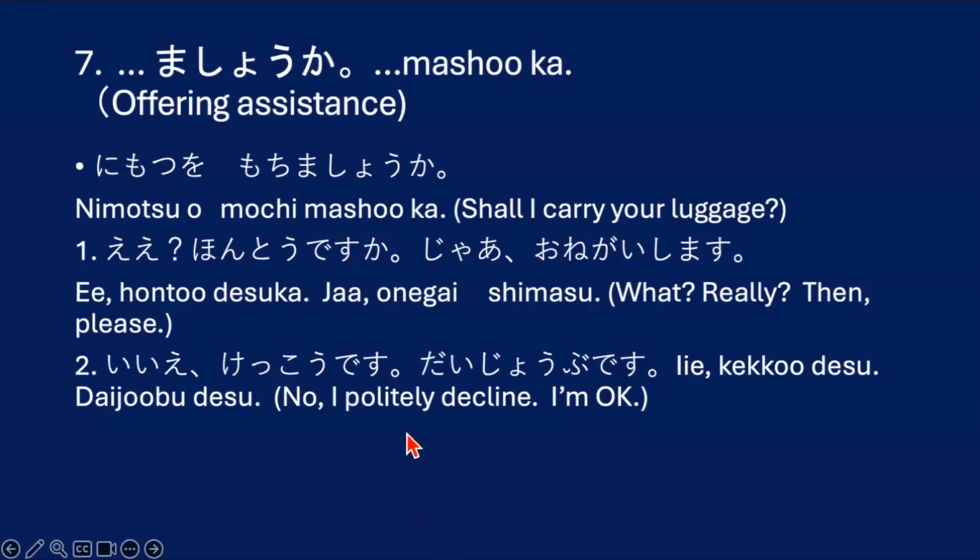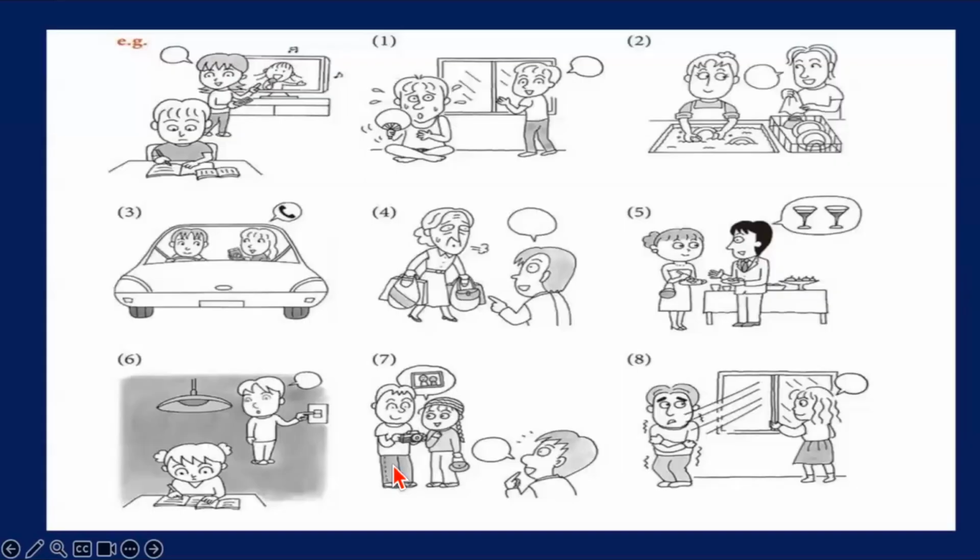Okay, so it's a polite way to decline. So that's okay. 大丈夫です. I'm okay. So these are some of the things that you can offer assistance with. Like number one, should I open a window since it's very hot? 窓を開けましょうか? And so forth. So make sure you practice.